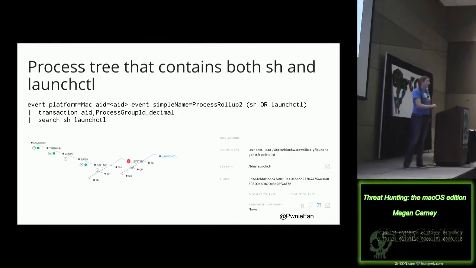We talked about launch agents a little bit. After you've installed a launch agent, launch control is what launches it. And one thing I noticed specifically with malware is that if something contains both a shell process and launch control, it's a little suspicious, because what that essentially means is a shell ran launch control, which doesn't happen very often.